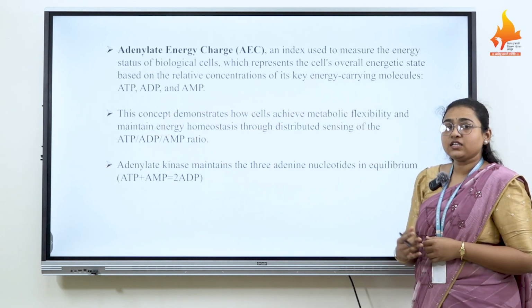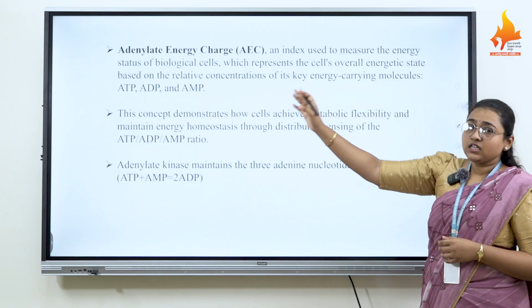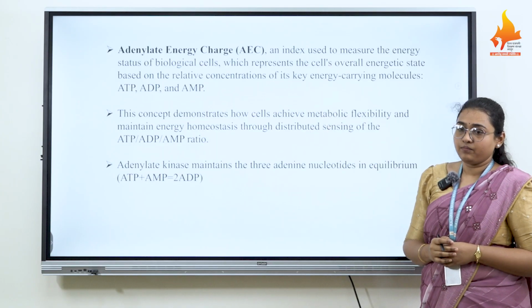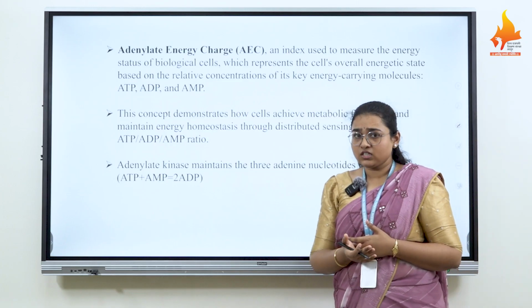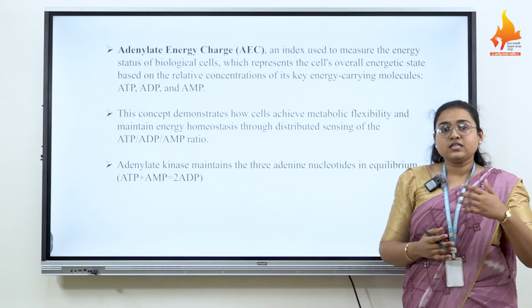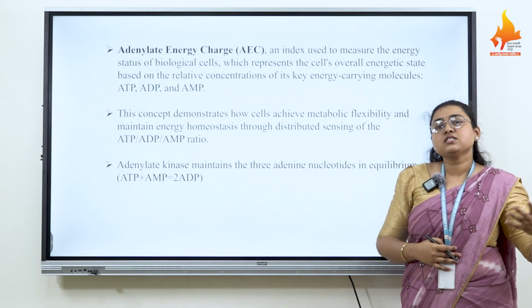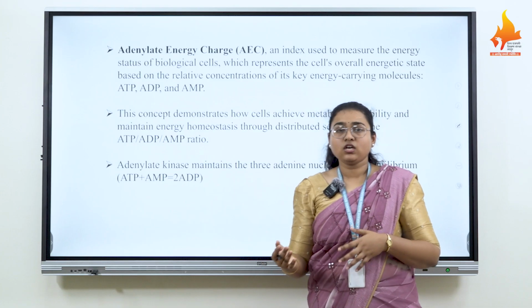The adenylate energy charge is an index to measure the energy status of a biological cell: whether the cell has an efficient amount of energy to conduct its cellular functions, or whether the cell is incapable of conducting these functions, or whether the cell has a sufficient amount of energy or not.